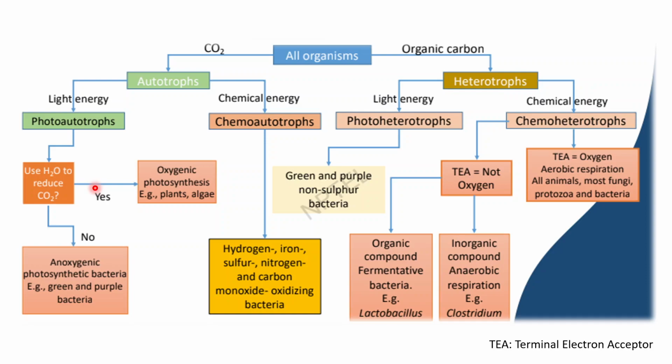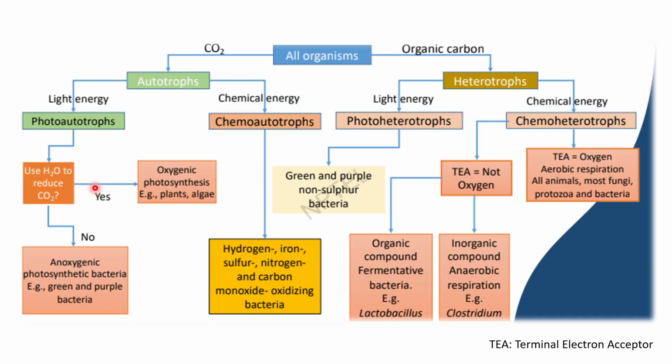So the organisms that cannot grow in oxygenic conditions, in presence of oxygen, are called anoxygenic photosynthetic bacteria, like green and purple bacteria. They will use H2S as the agent to reduce CO2.